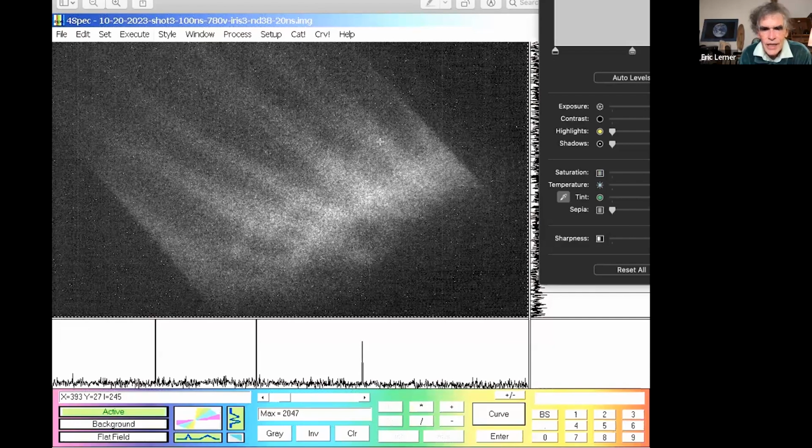What you're seeing here is that the filaments are in the process of getting somewhat disorganized or disrupted. And you can see this is the leading edge, and the leading edge is no longer straight, it's kind of irregular. If I go to, this is the last shot we took.